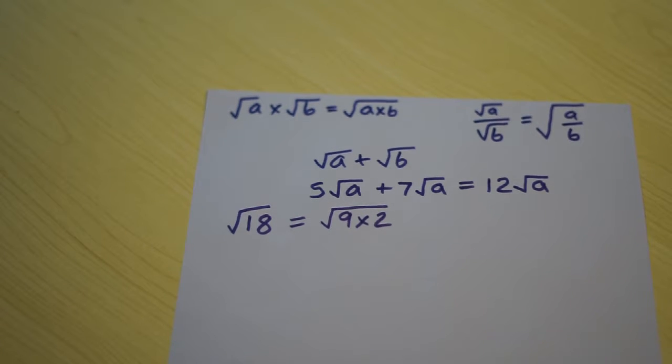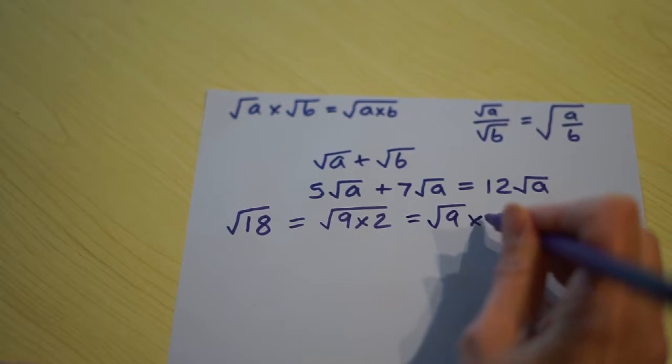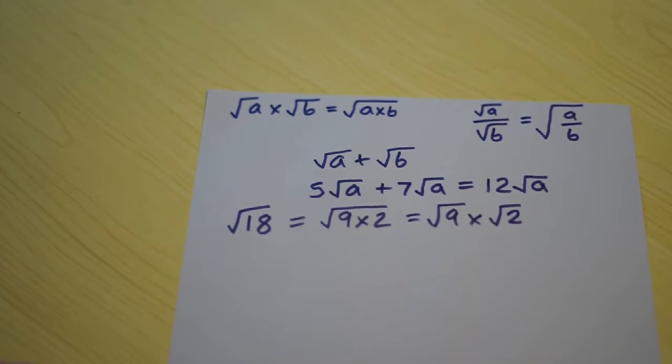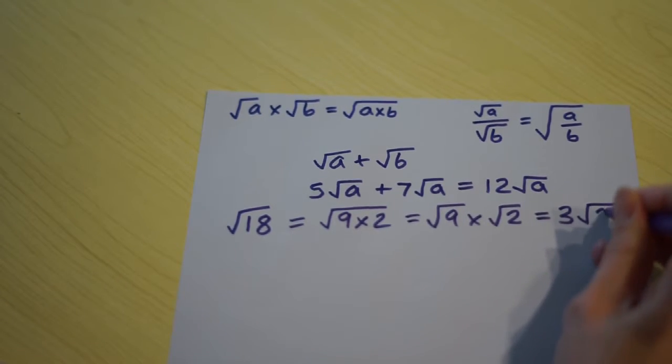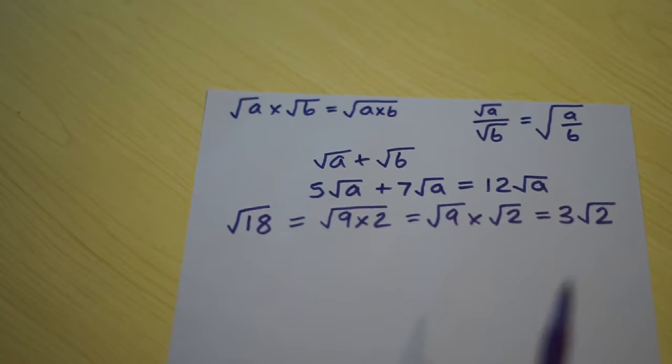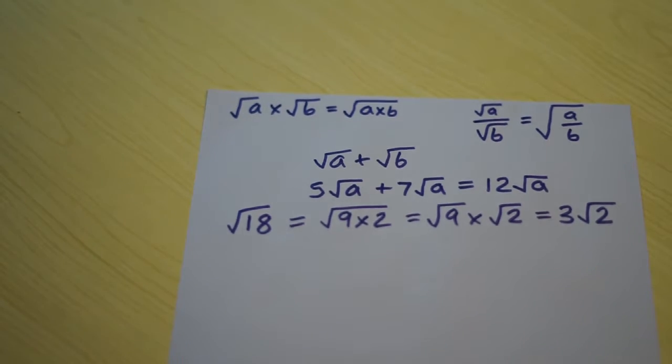So we need to be finding factors to split our original number up, but these factors have to include a square number. Because when we continue, you can see that we know the square root of 9. So we can simplify this to 3 root 2.